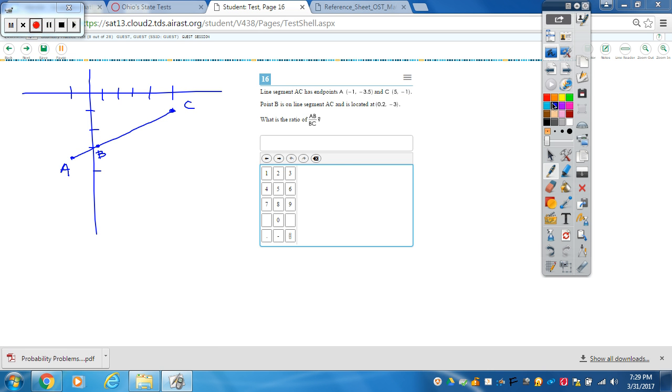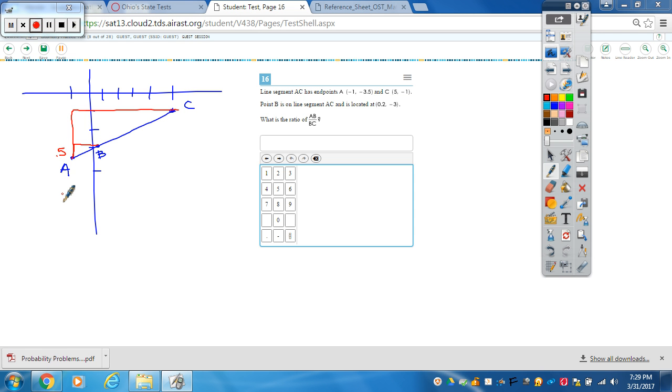Now, you can do several different things here. You could figure out the length of AC and the length of AB, which is completely acceptable, by using the Pythagorean theorem, though maybe a little more work than you have to. If this is at negative 3.5 and this is at negative 3, then this length is 0.5.